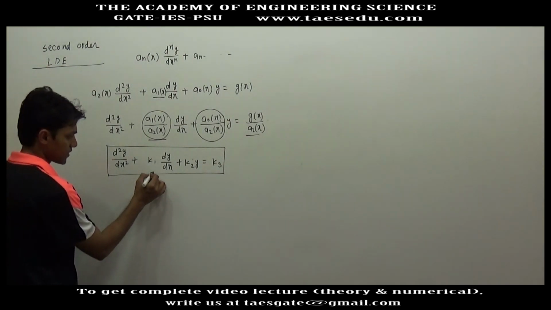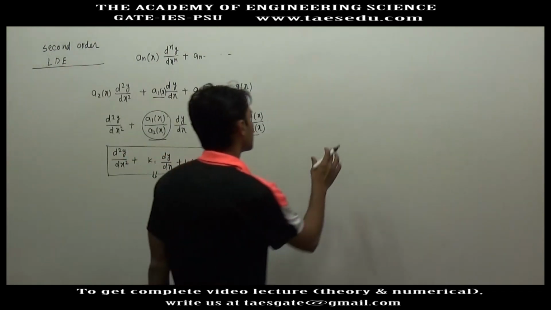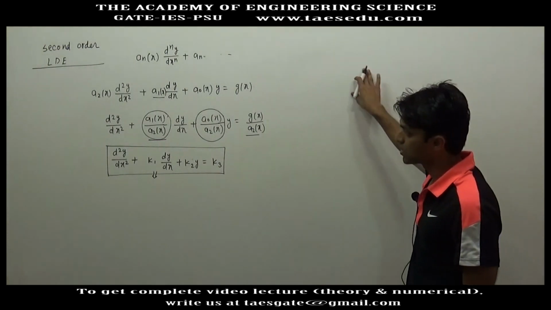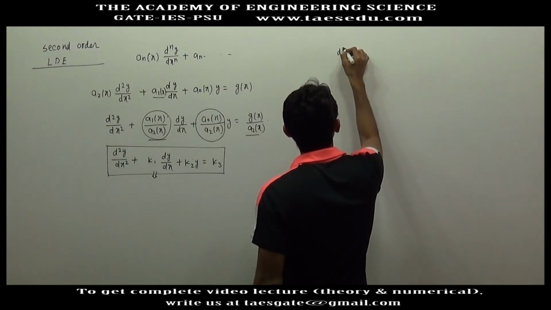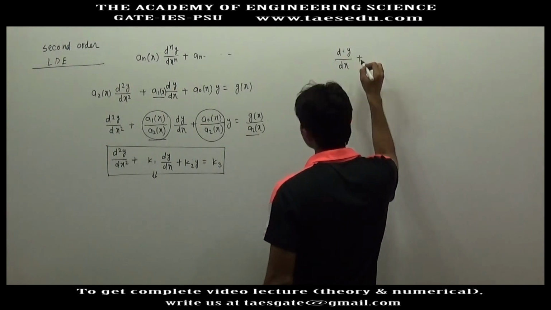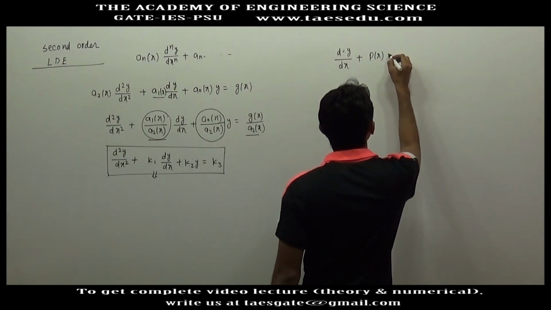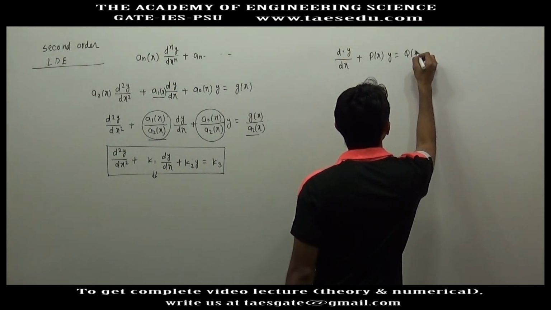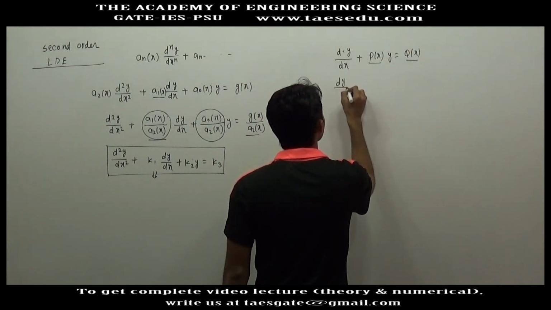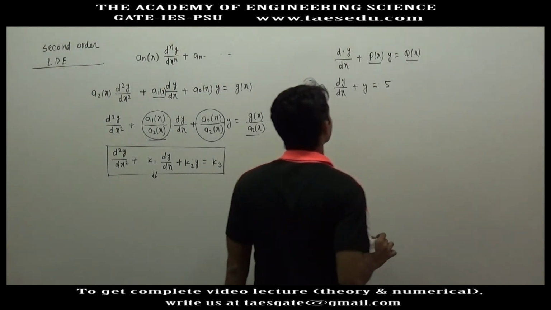Before taking an example of this type and solving it, we will again solve a simple first order differential equation. Let's say we have the first order differential equation dy by dx plus P(x) into y equal to Q(x), and if instead of P(x) and Q(x) we take constants, we will have dy by dx plus y equal to, let's say, 5.